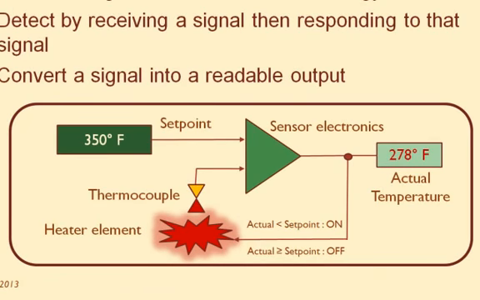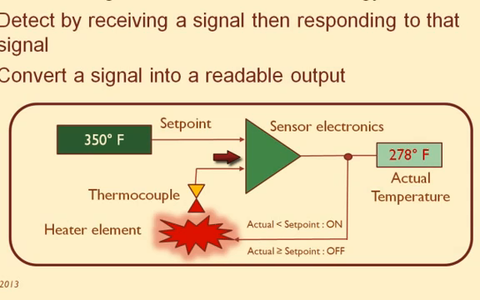Let's take a look at an oven temperature sensor. This diagram shows how a sensor works. The oven is initially programmed with a set point, in this case 350 degrees Fahrenheit, and this turns on the heating element. As the oven heats, the oven's thermocouple converts the temperature of the oven to a voltage. This voltage is read by the sensor's electronics.